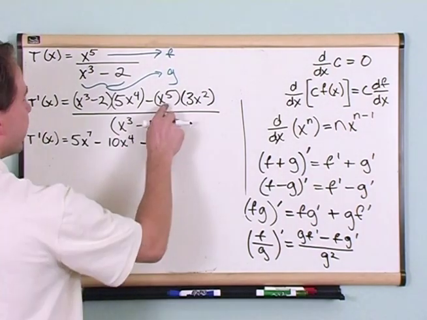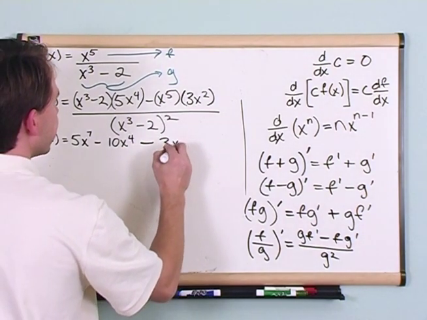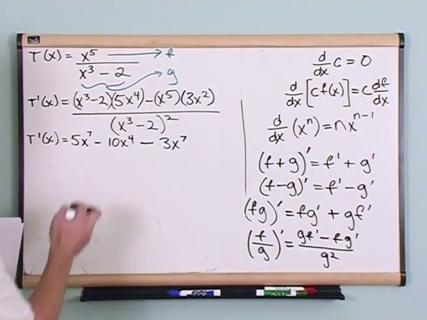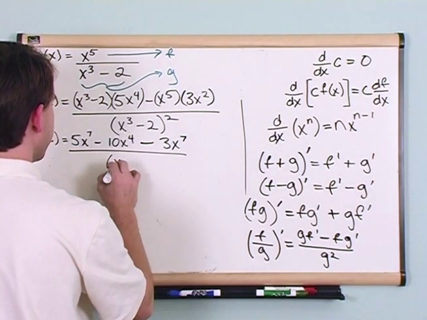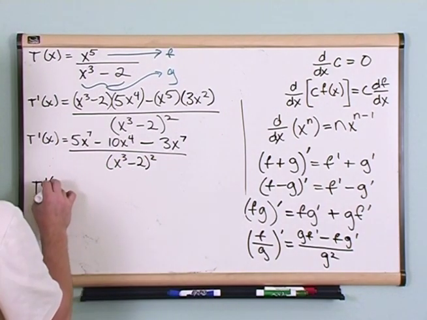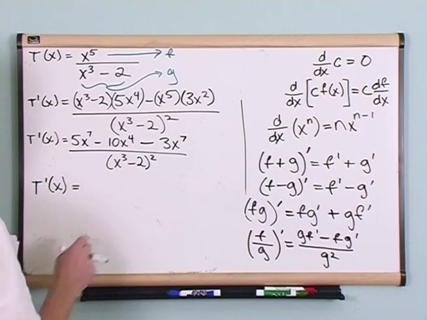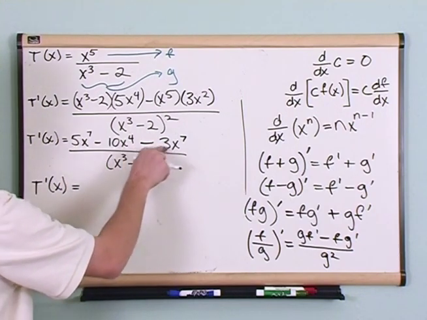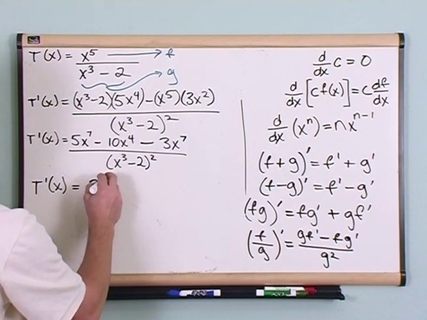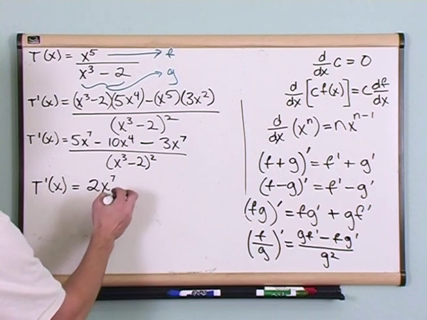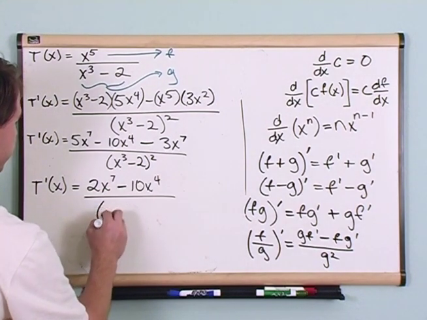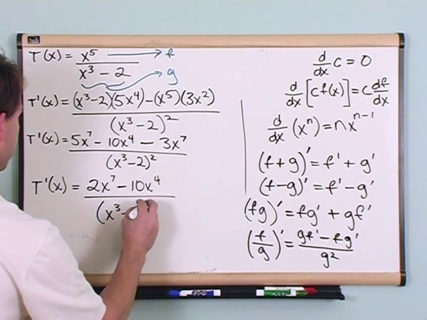And then finally minus this term times this term is just 3x to the 7th. Okay? And on the bottom, you've got x to the 3rd minus 2 squared. So in the end, you're going to have t prime of x. You can simplify these terms. 5x to the 7 minus 3x to the 7 is just 2x to the 7, because 5 minus 3 is 2, and you carry along your x to the 7, minus 10x to the 4th power. And on the bottom, you still have your x to the 3rd minus 2 squared.